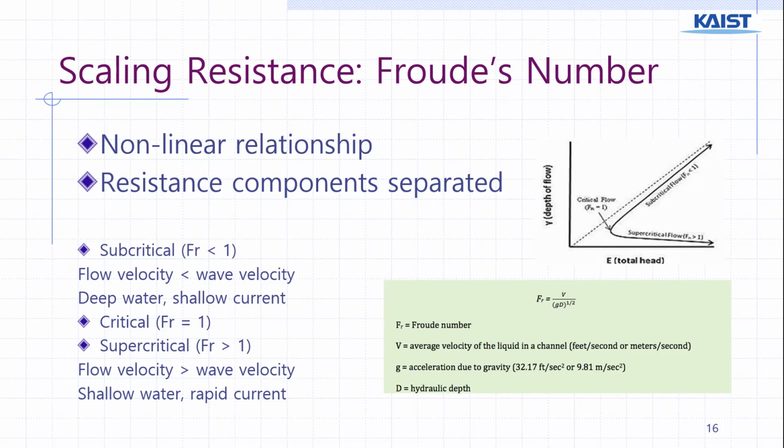Another important part of Froude's number that allowed it to be more effective was that it separated the resistance components of friction and wave making and added them following their separate scaling.